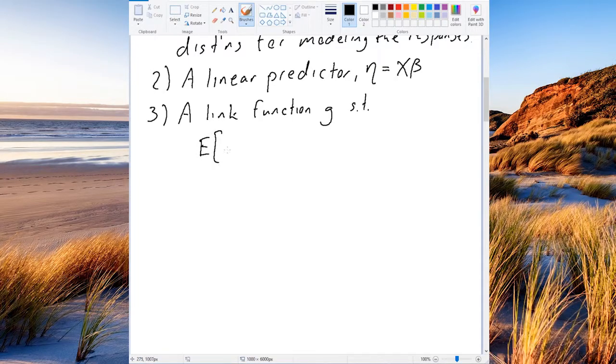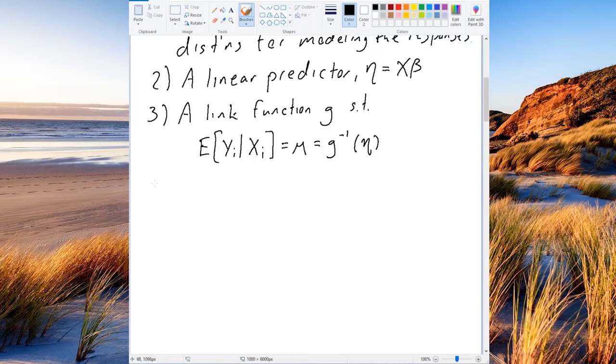The expected value of our response data y_i, given our covariate data x, is going to have some expected value mu, and that expected value mu we're going to be able to express as g inverse of eta, or g inverse of x beta.